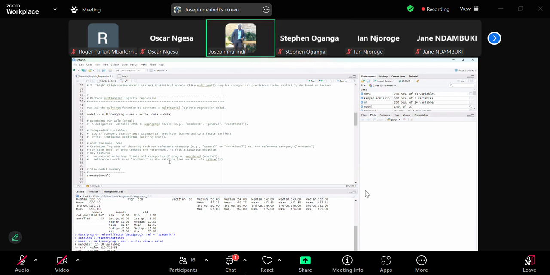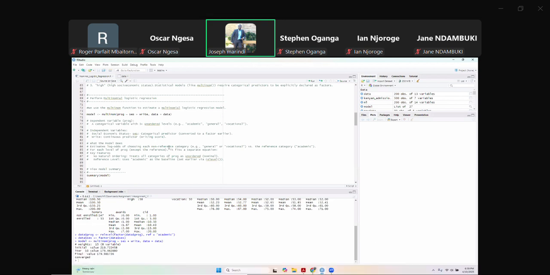What we can see down here is that we get some summary statistics, whereby we are able to see what the model does. Basically, the model estimates the log odds of choosing each of the non-reference categories, general or vocational, versus the reference category, which is academic.